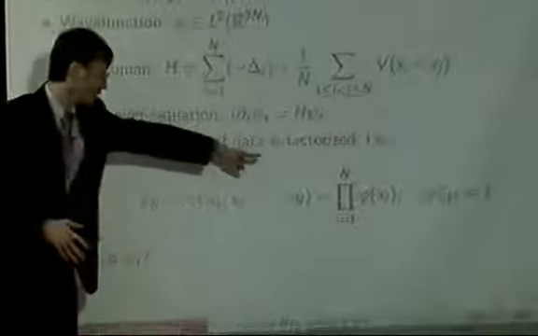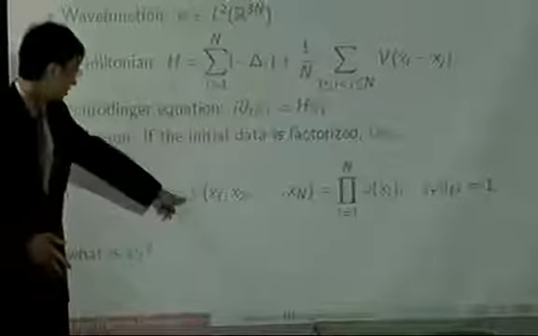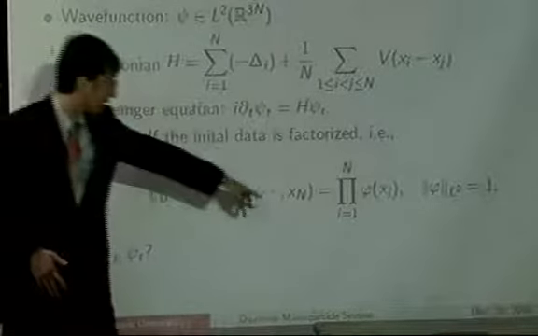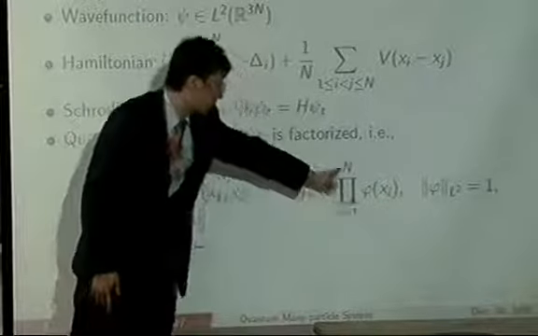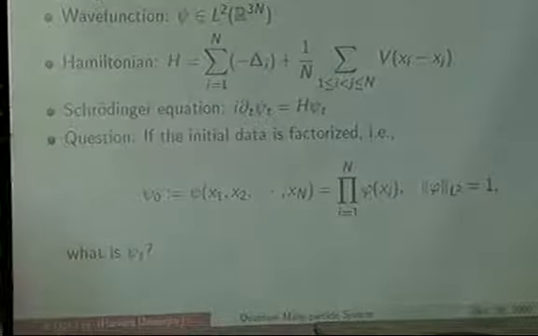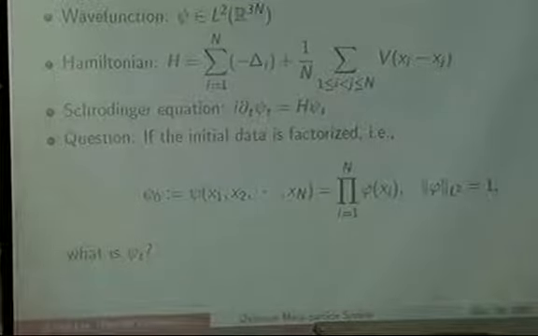In this case the initial data is factorized, meaning that psi 0 is written as the product of phi from i equals 1 to n, and all the phi's are normalized so that the L2 norm is 1.